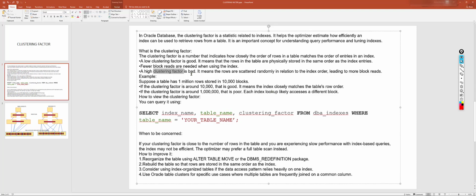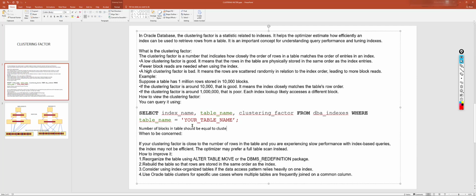Okay, high clustering factor is bad, so it means that the rows are scattered randomly in relation to the index order, leading to more block reads. Generally you have to keep this formula in mind: the number of blocks in the table should be equal to the clustering factor.